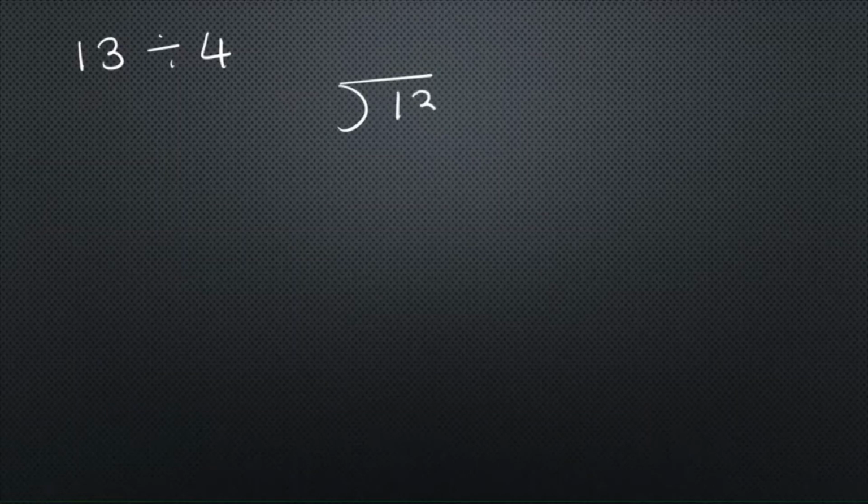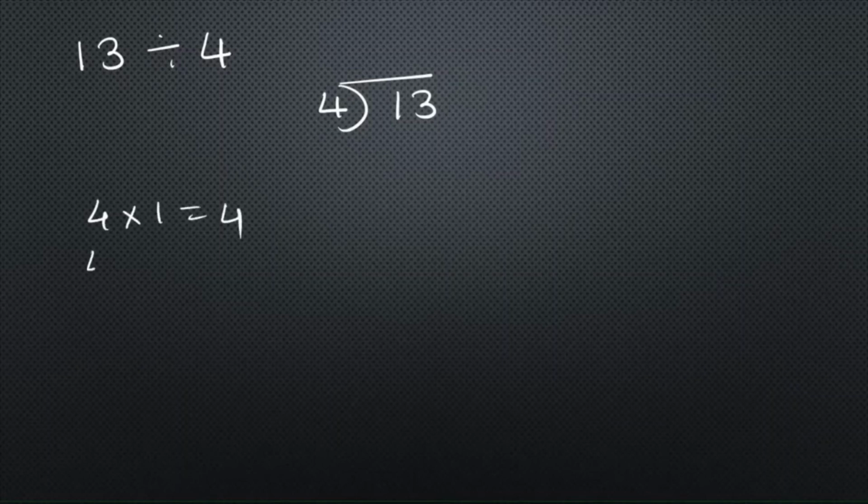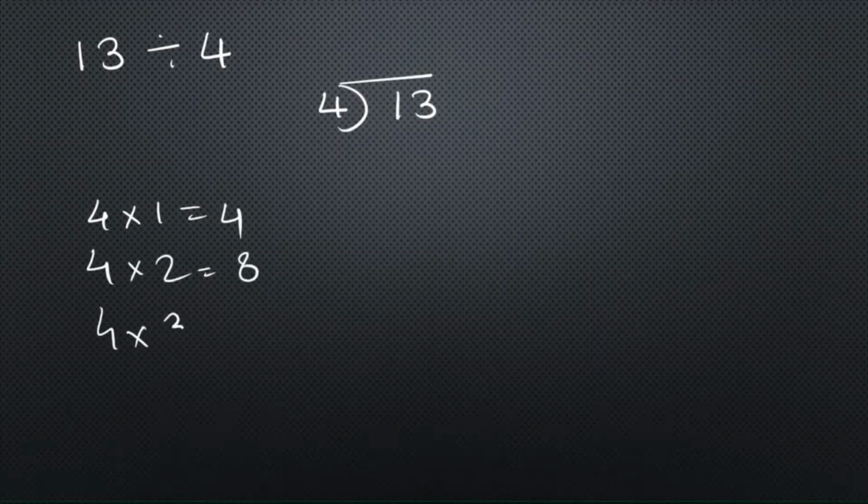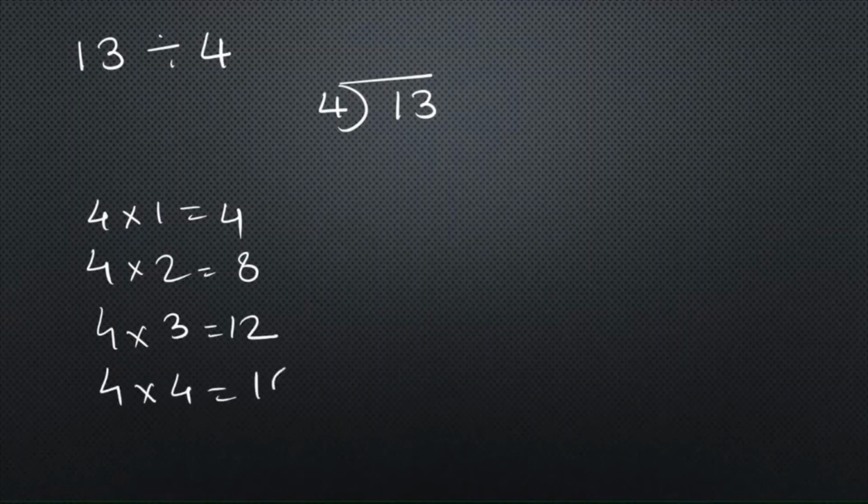So 13 divided by 4. 13 is not multiple of 4, means we can't divide 13 in equal groups of 4. If you know the multiplication table of 4, I write here 4 times 1 equals 4, 4 times 2 equals 8, 4 times 3 equals 12, and 4 times 4 equals 16.